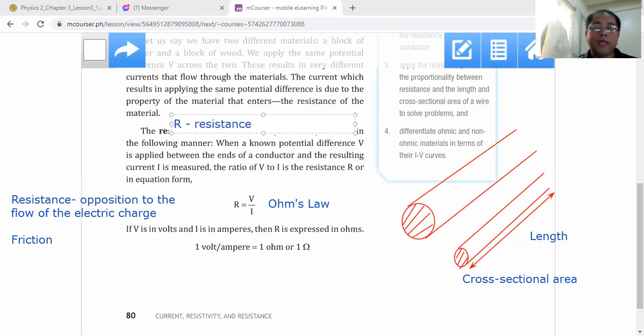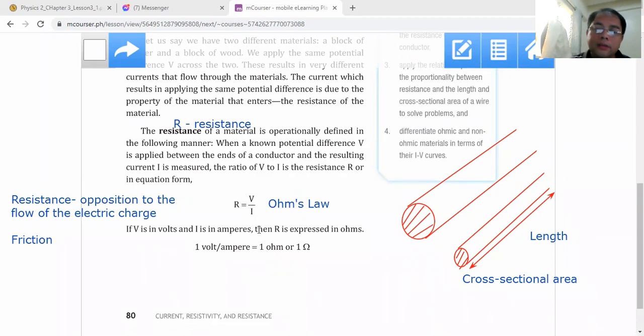So the value V there is your voltage, I is your current. So the resistance is affected by the voltage and the current. If you divide the voltage of the wire by the current in the wire, you'll get the resistance. The more current that you want to flow in the circuit, the lesser the resistance there must be, because resistance and current are inversely proportional.